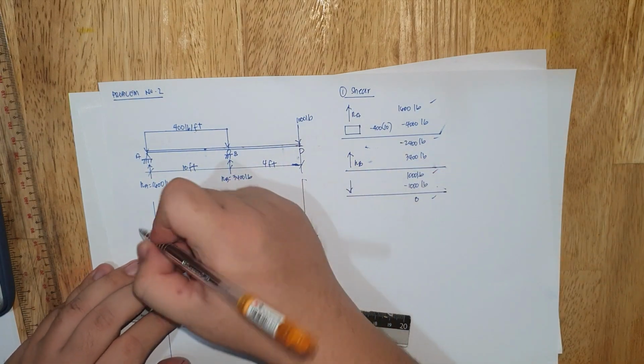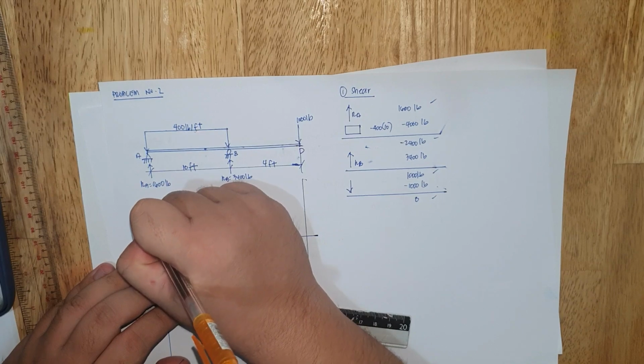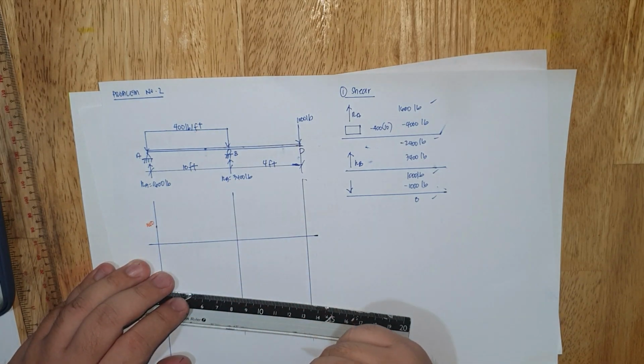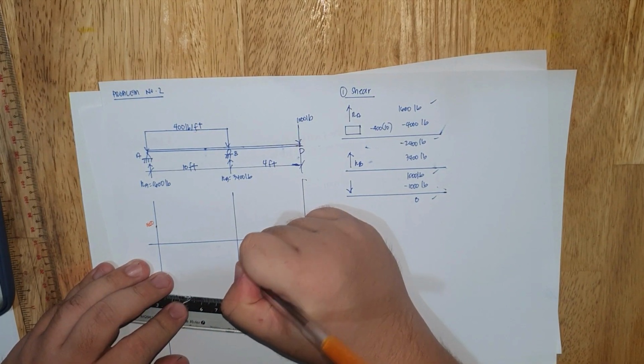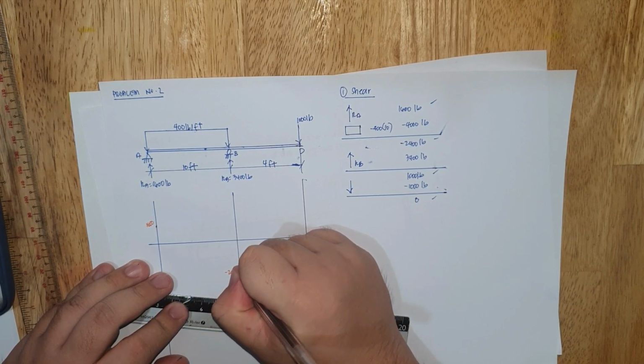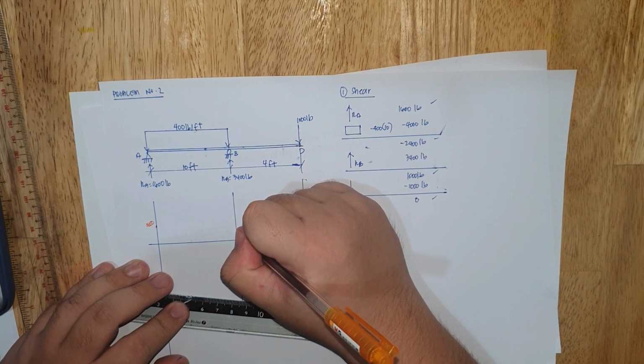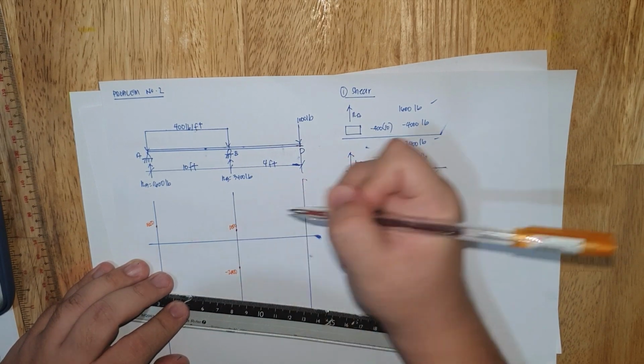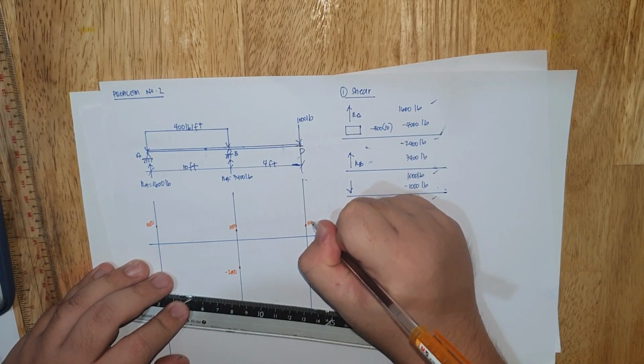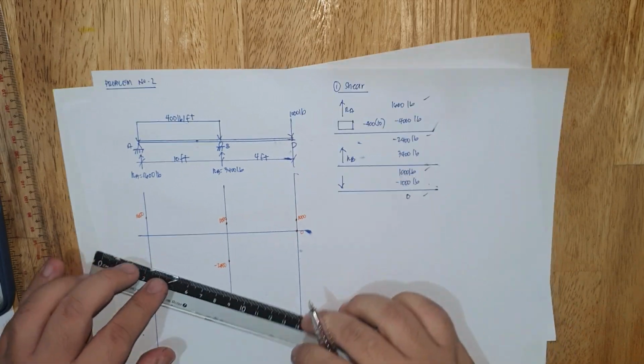Okay, so 1,600. Then meron tayong negative 2,400. And then upward direction na 1,000 and 1,000, 0.